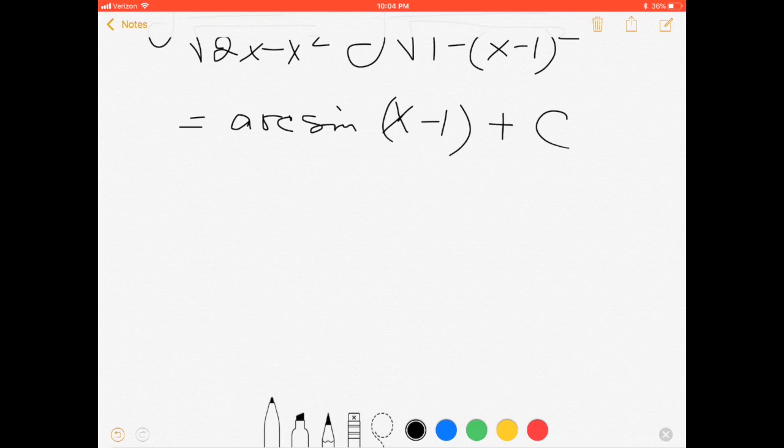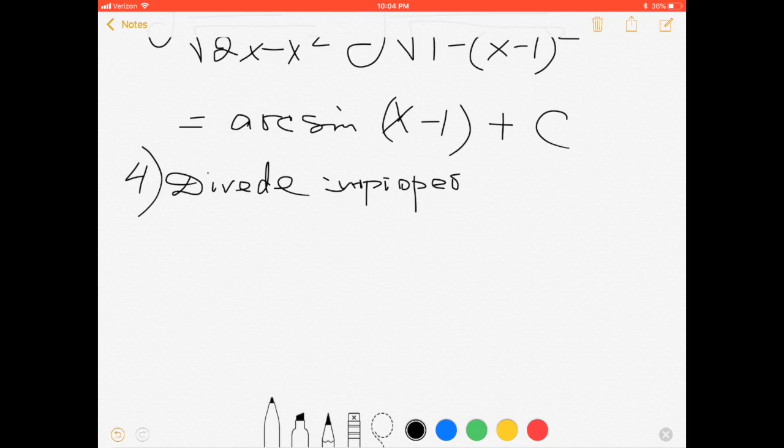For example, number 4, I write the name of this method: divide rational function.